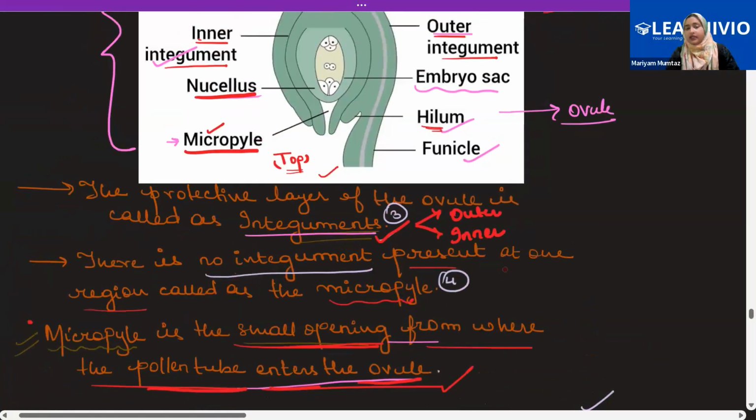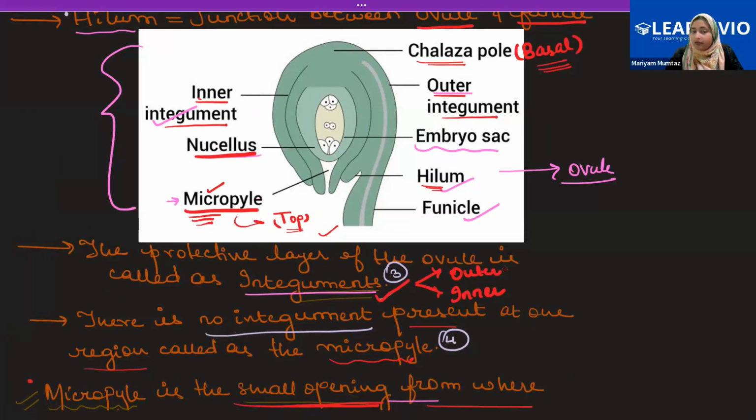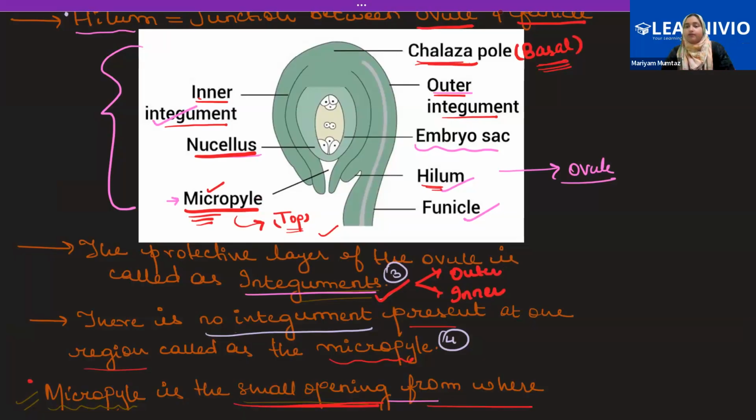Now, always remember, even though the position looks like this, you feel that everything at the base is at the bottom, but no, the micropyle is the tip. So always remember that the micropylar position is the top position, and the chalazal position is the basal position. This image is actually inverted when thinking about the top and the bottom.